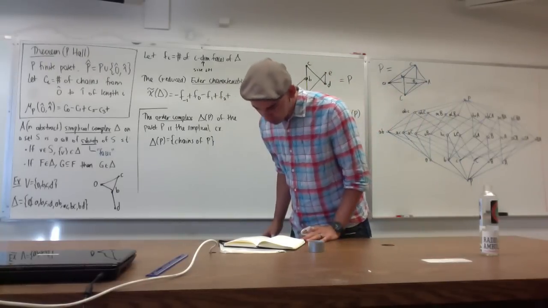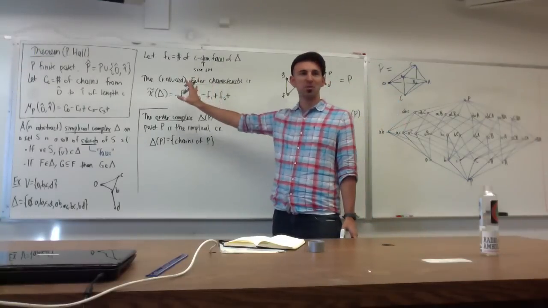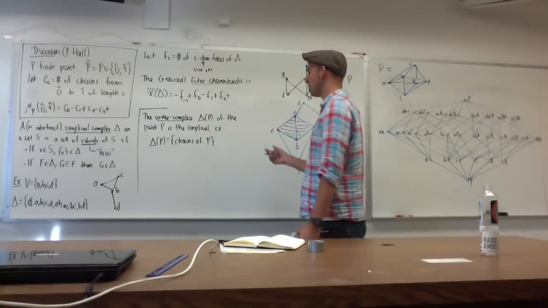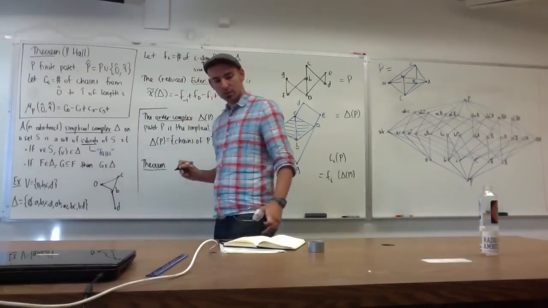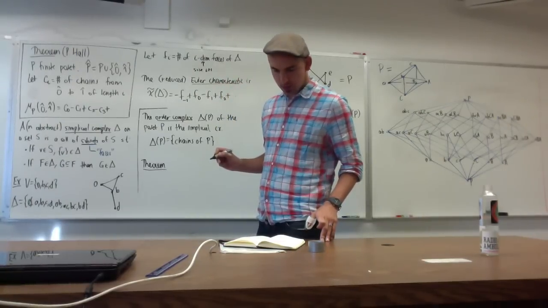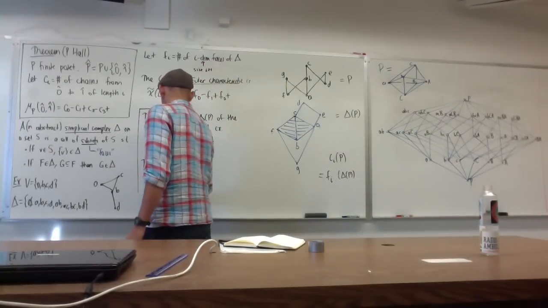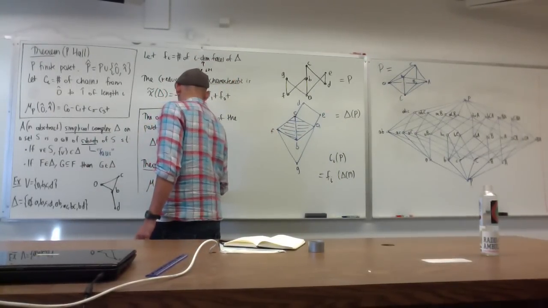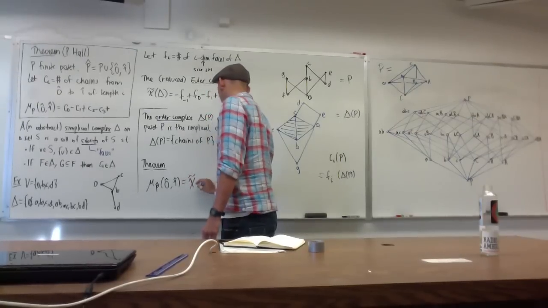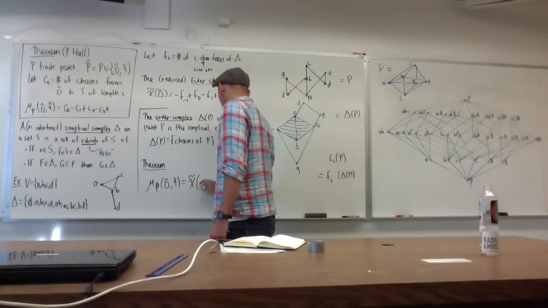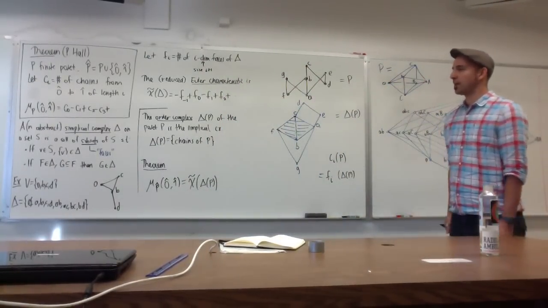Which I'm a little bit confused about actually because I don't have that in my notes. I don't know if I said this already, but I always get confused with whether it's reduced or not reduced. But anyway, the theorem is that the Mobius number from 0 to 1 is the same thing as the reduced Euler characteristic of the order complex.